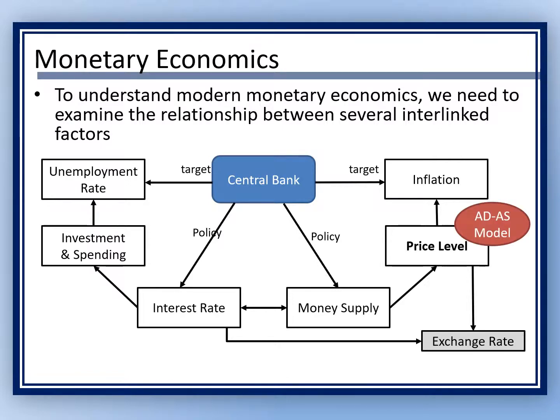So now in macroeconomics, there are two models that you might come across. One is the AD-AS model, aggregate demand, aggregate supply, which has to do with price level. And there's another model called the IS-LM model, which has to do with interest rate.